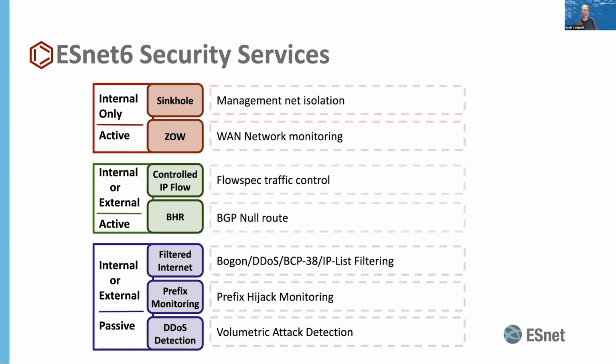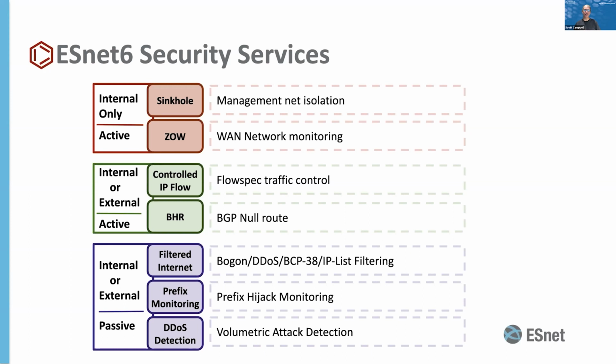There are two services attached to controlling traffic. They're internal and external, so we're trying to develop authenticated interfaces for users to control the traffic going to them a little bit easier. One is a flow spec traffic control service.